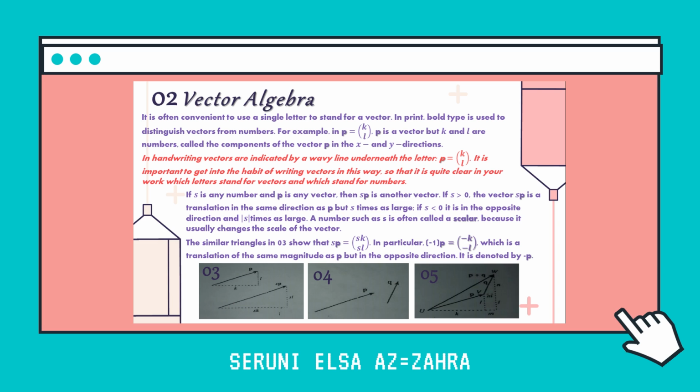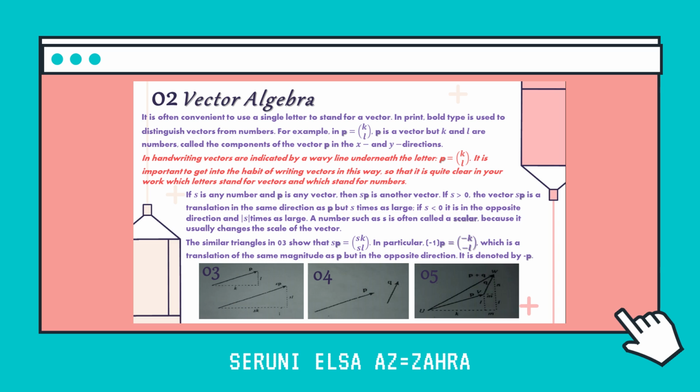Call them the components of the vector p in the x and y direction. In handwriting, vectors are indicated by a wavy line underneath the letter, p equals (k, l).